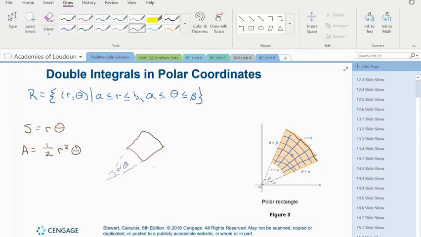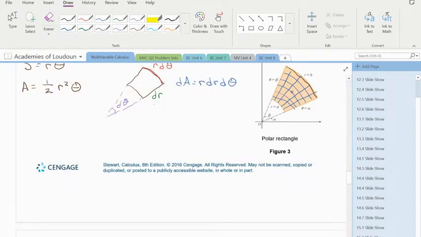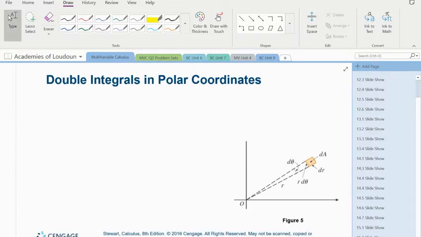This small change in the radius is dr, and we know that the length of this piece is going to be r times d theta. So then we can say that dA is going to be r times dr times d theta, which gives us the change to polar coordinates that we see here.